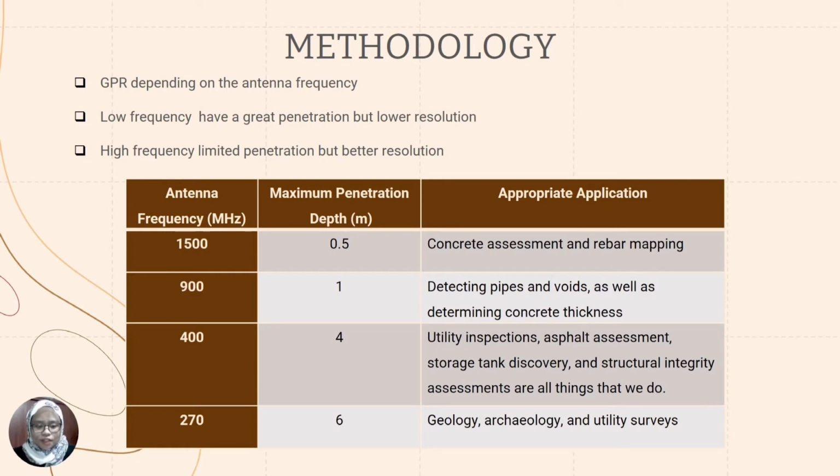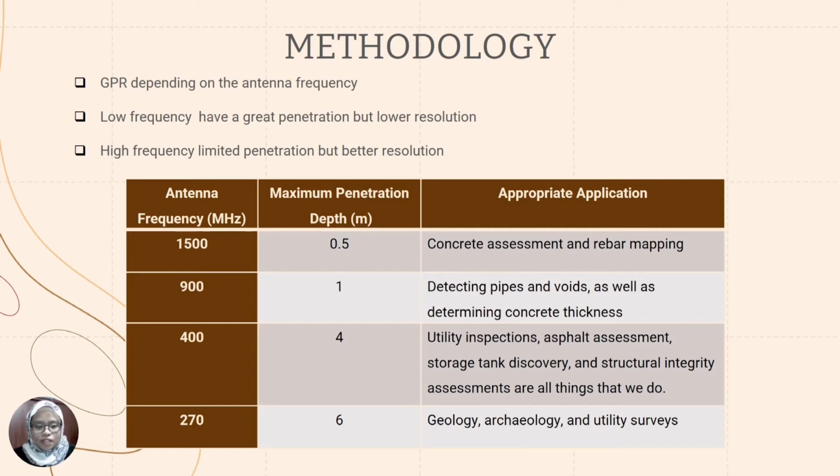The antenna frequency of 1500 is for a maximum penetration depth of 0.5 meter and is appropriate for assessment and rebar mapping. The 900 is for 1 meter depth, for detecting pipes and voids as well as determining concrete thickness. The 400 is for a penetration depth of 4 meters and is suitable for utility inspection, assessment, storage tank discovery, and structural integrity assessment.